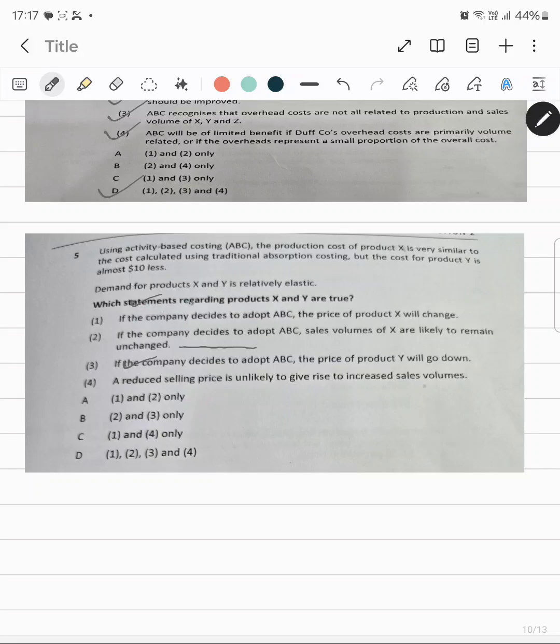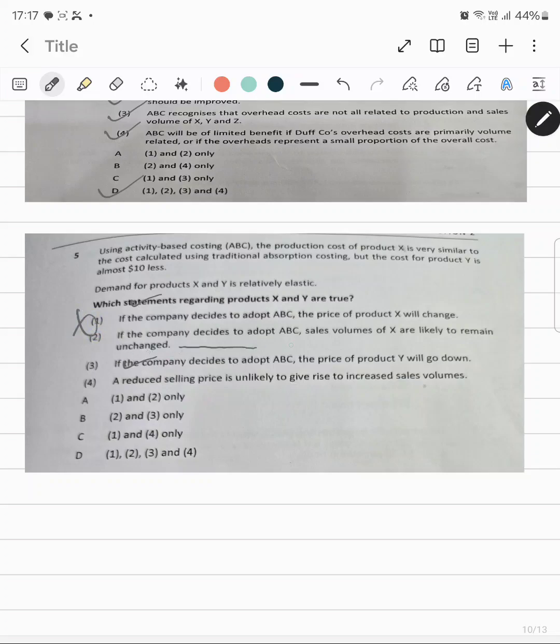So the demand for the products X and Y are relatively elastic. If the company decides to adopt ABC, the price of product X will change? For product X, it will not change because it is saying in the question that they are very much similar. So this is incorrect.